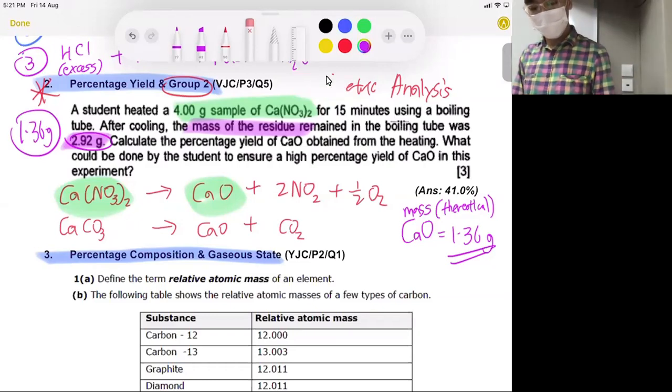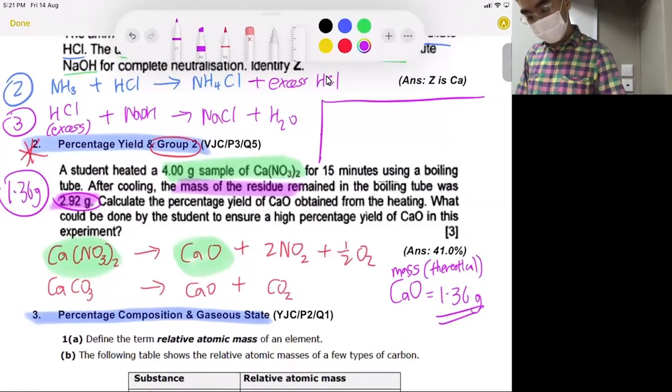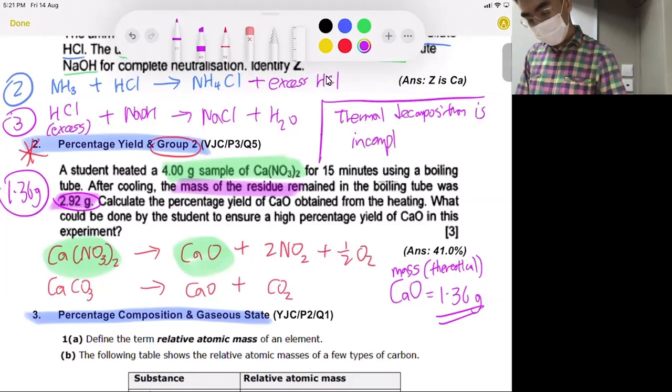Okay, I will elaborate on what Alicia mentioned. She's saying that the thermal decomposition, I'll write down here, the thermal decomposition is incomplete. How do we know that? It's because the final mass of 2.92 is higher than 1.36.